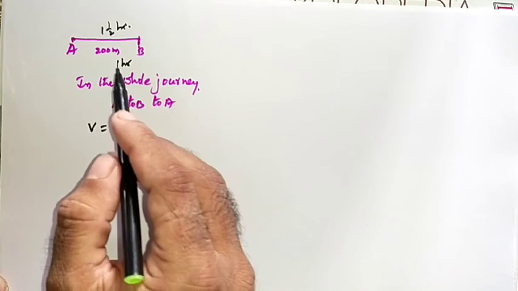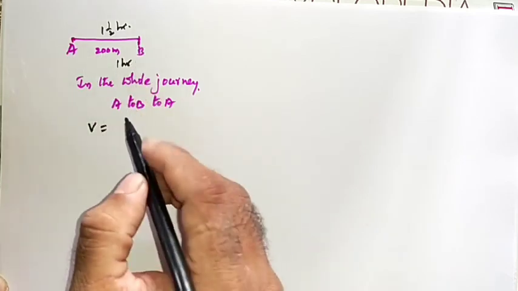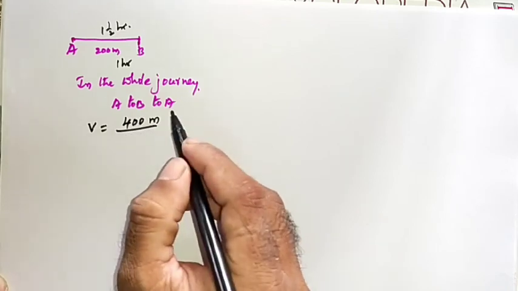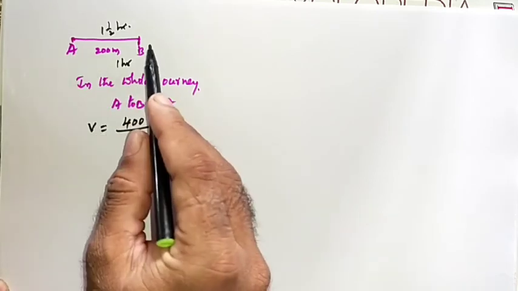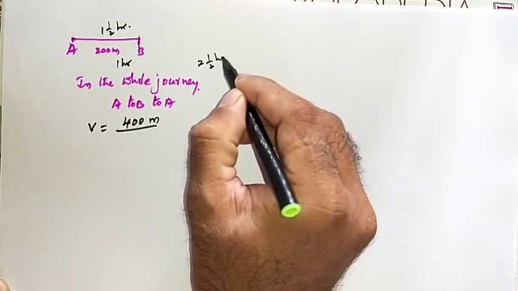Distance by time. What is the distance? A to B plus B to A, that is 200 plus 200, so 400 meters, divided by the time, 1 hour plus 1.5 hours, that is 2.5 hours.